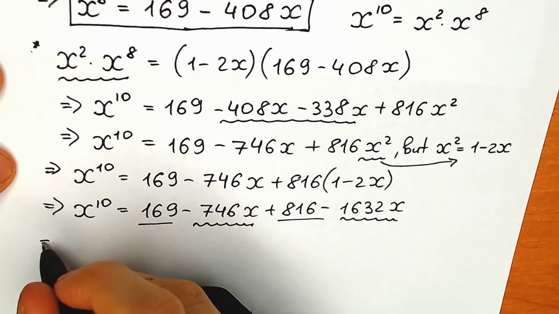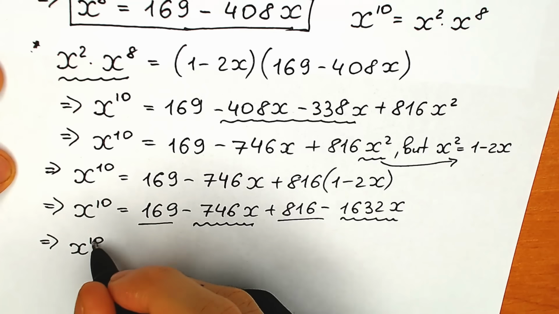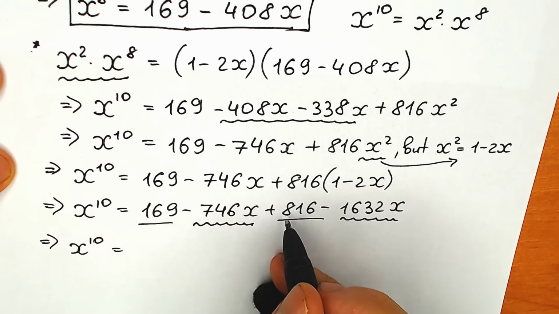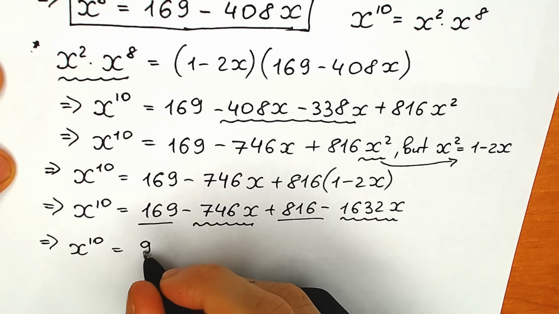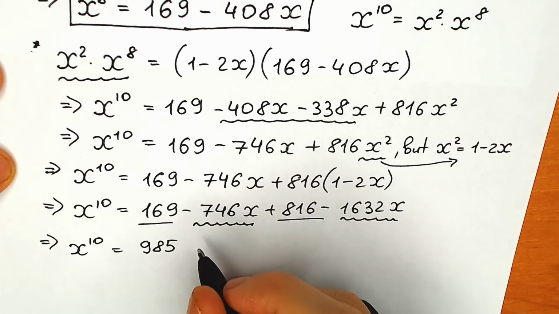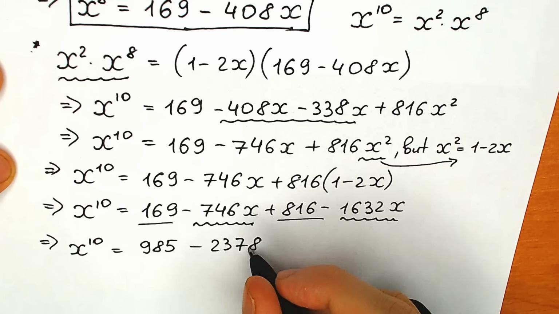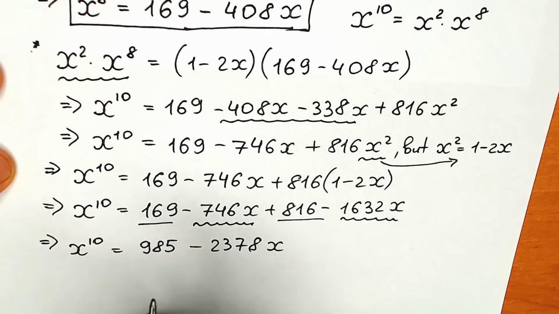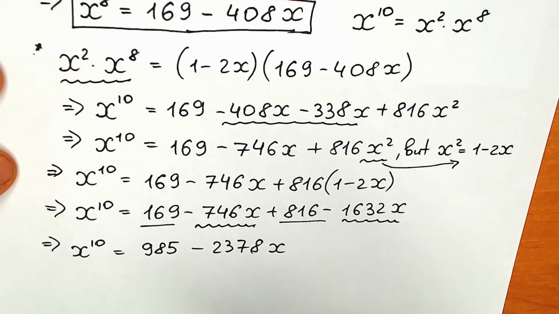So let's add it. We have 169 plus 816, we have 985. Minus, when we subtract, we have 2378 times x. Okay, this is x to the power 10, but we don't need to raise it anymore because we have it.